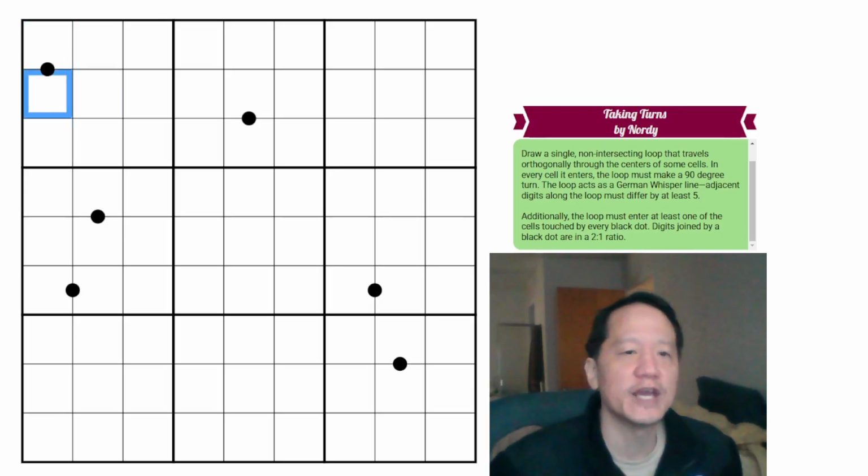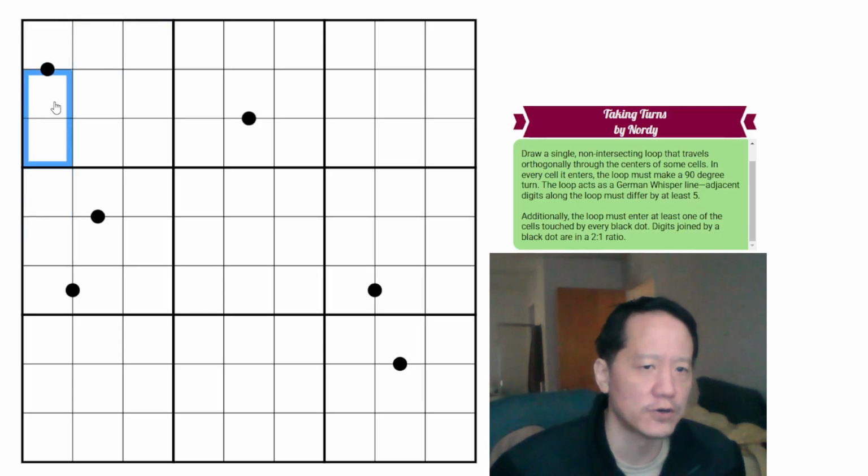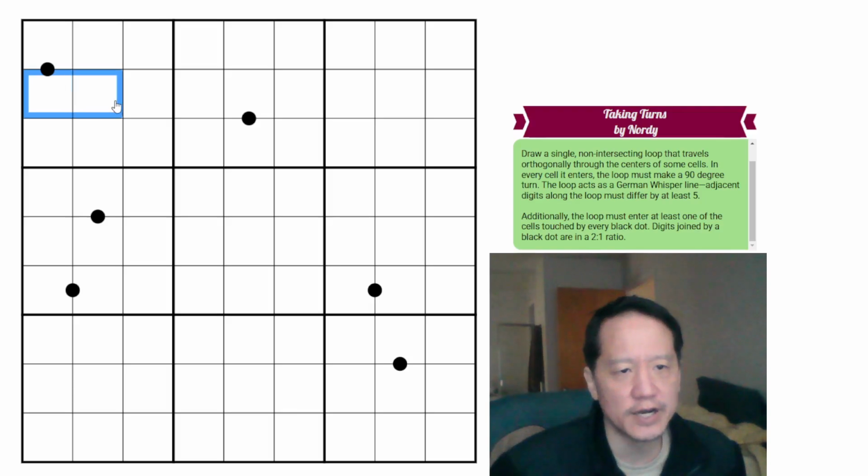Actually, can it ever enter this one? If it enters that way, it would have to be turning from here. So it cannot enter straight that way. It would have to turn from here to here to here to here. But then the problem is it could not enter in back this way. So this is not valid to enter this way.